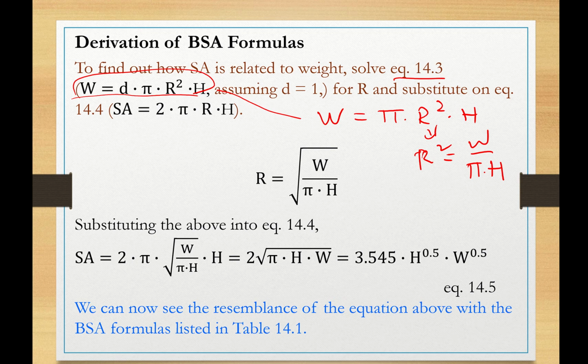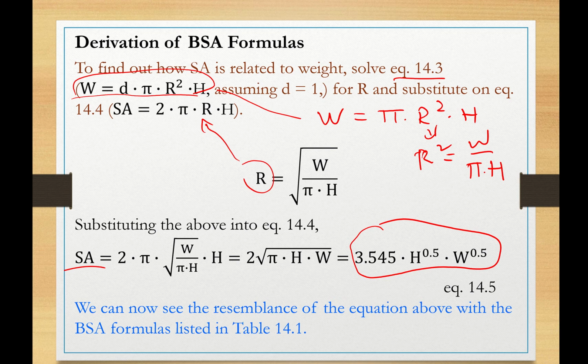I'm going to substitute this into equation 14.4, and when I carry out the algebra, I end up with this equation: the surface area is equal to 3.545 h to the 0.5, that's the square root, times weight to the 0.5.